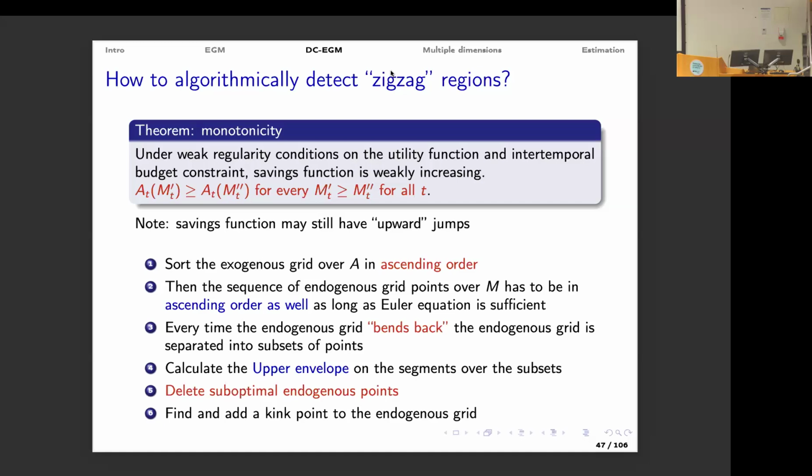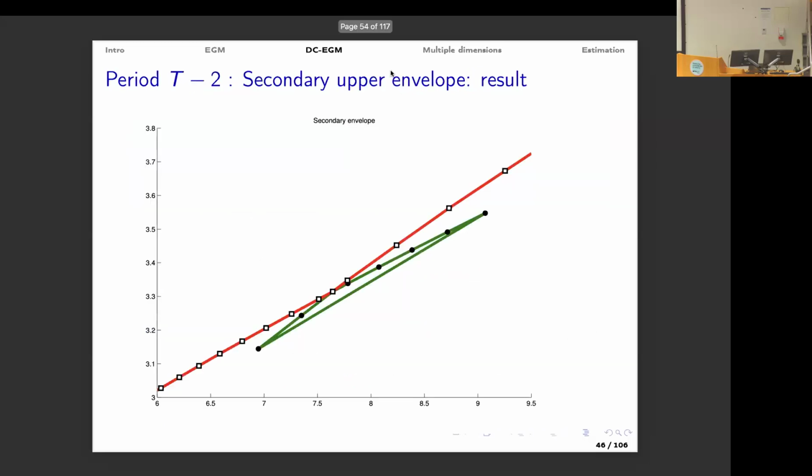Essentially, like I was explaining, if the exogenous grid over the end of period wealth is in ascending order, then every time the produced endogenous point jumps back, that's an indication of failed monotonicity, and therefore you can split these two branches of the value function over here and calculate the upper envelope.